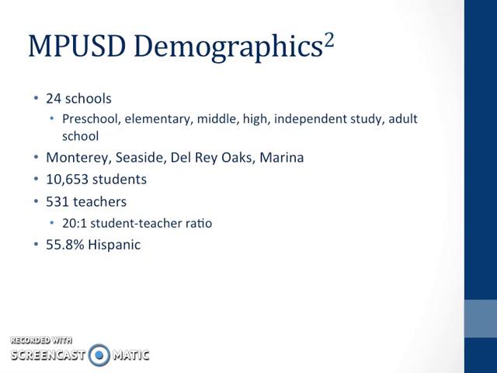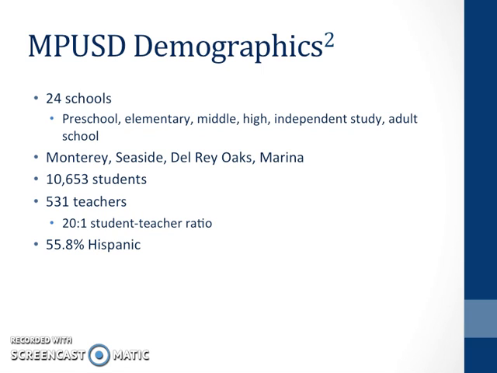Now, the demographics that we're going to be working with within MPUSD. The district itself has 24 different schools. Out of those 24 schools, there's preschool, elementary school, middle school, high school, independent study, and adult schools. They are based in Monterey, Seaside, Del Rey Oaks, and Marina, which are all individual towns within Monterey County.